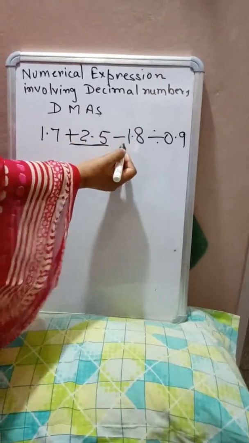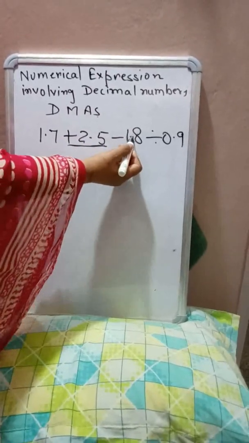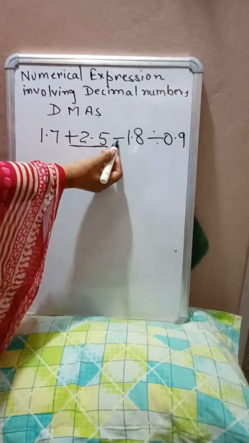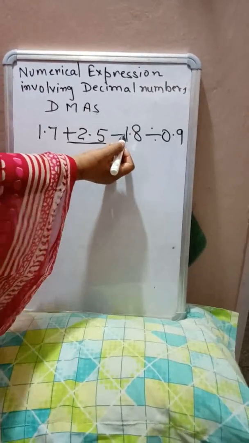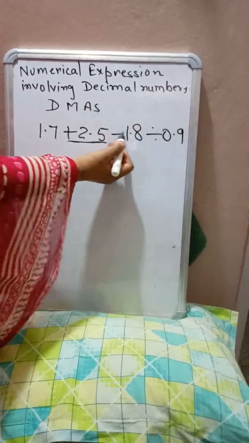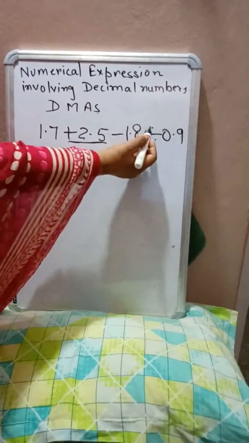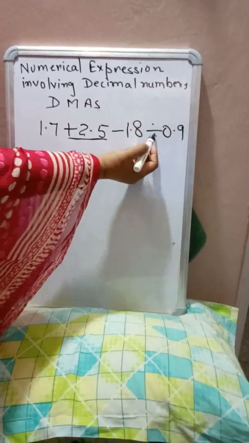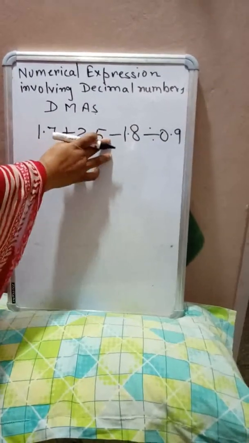Now minus 1.8, so 1.8 is with the minus sign. It means we have to do subtraction, subtracting 1.8 from the number. Divided by 0.9, so the division sign and 0.9 are together. So now let us start.